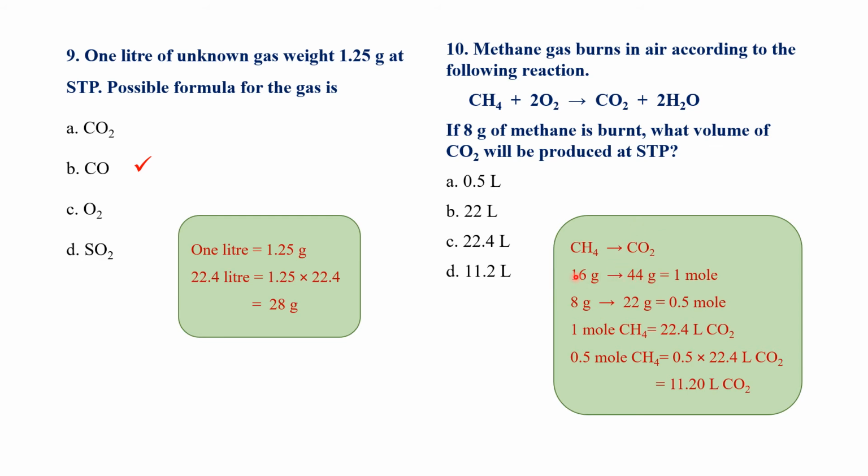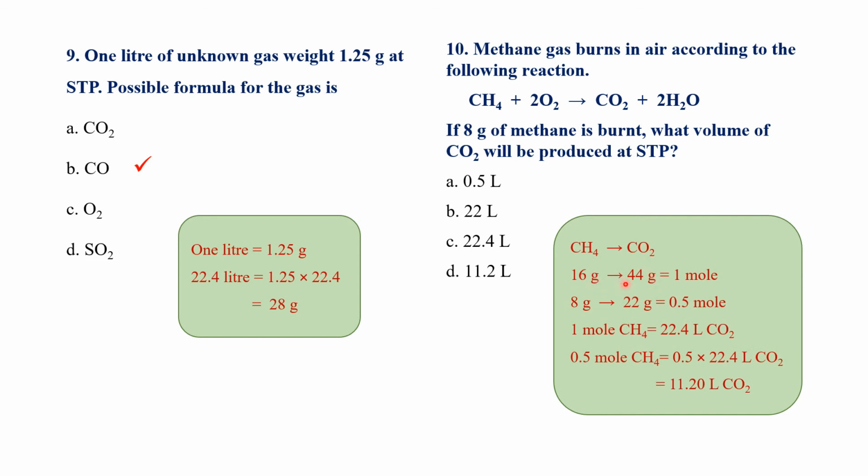Now when the molecular weight of a substance is expressed in gram, that is equal to 1 mole. So both of these values are equal to 1 mole. In the question, 8 gram of methane is given. So 16 is halved, so it becomes 8.